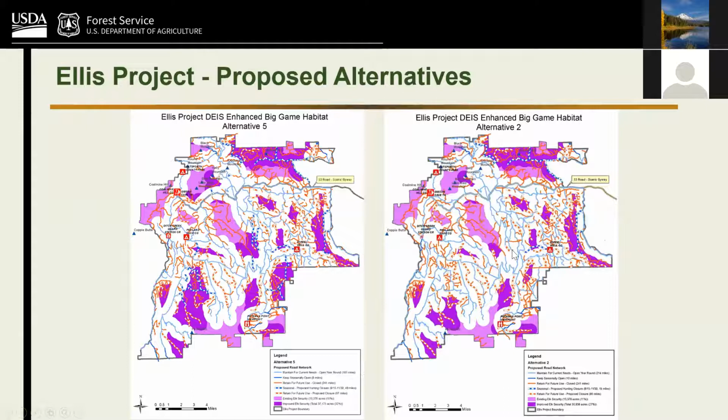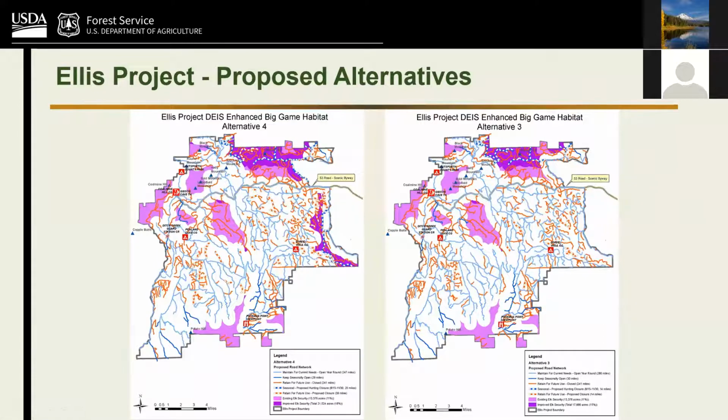And then you can see there's some differences in alternative 2. And here's 4 and 3. So again, with alternative 4, what we wanted to do was focus on the areas that were identified as being important, especially this one to the north, this big purple blob to the north.